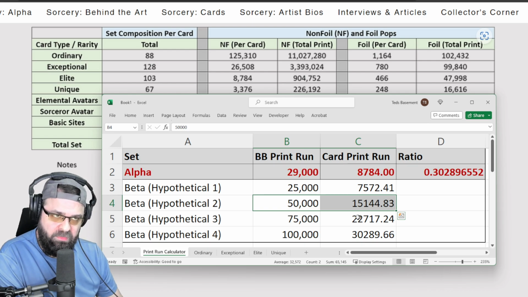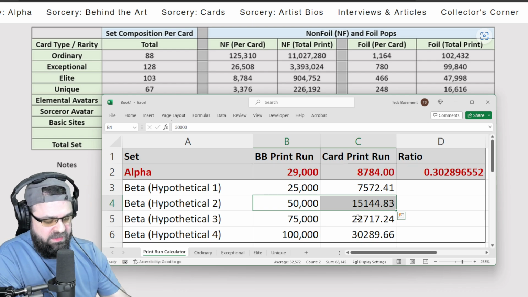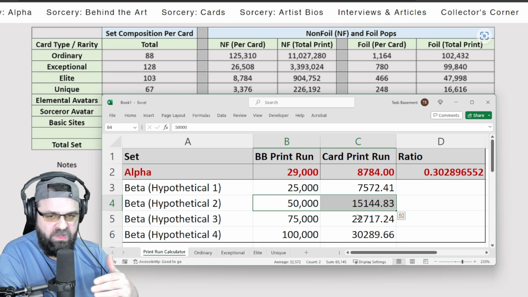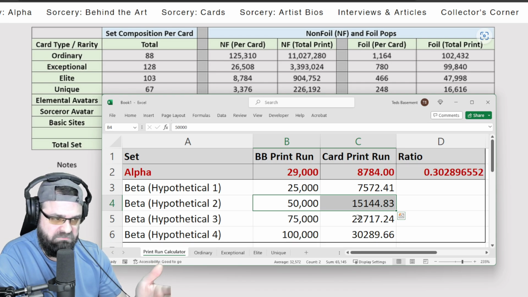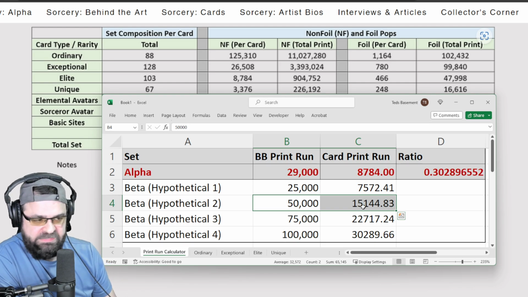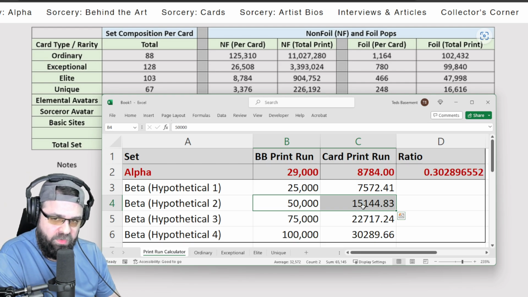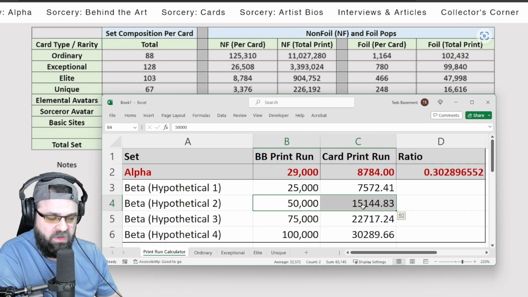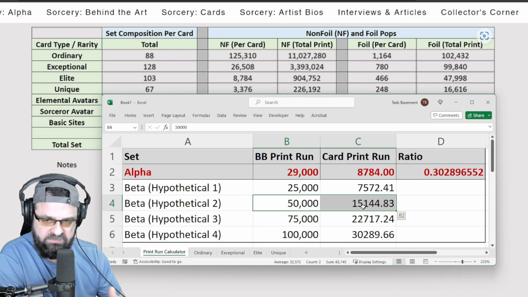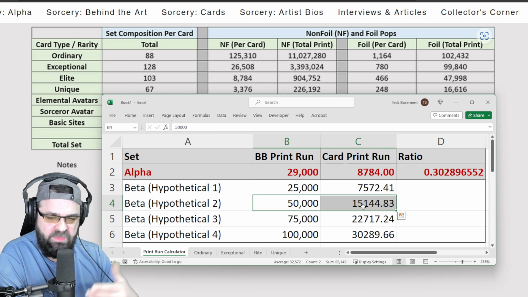It's a big number. But we don't know the future. If Sorcery got even a fraction of Magic's size, let's say again a million fans, 15,000 non-foil elites aren't enough to go around for those folks that want to go back in time and get some of that stuff from Beta.